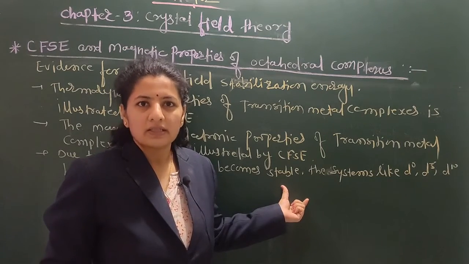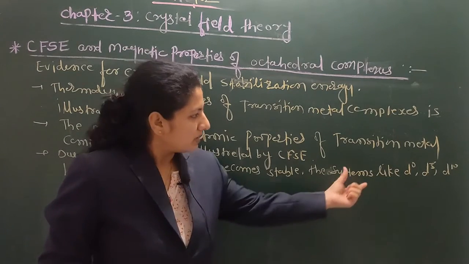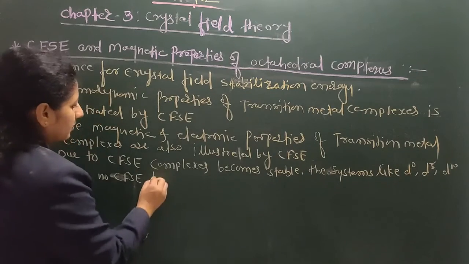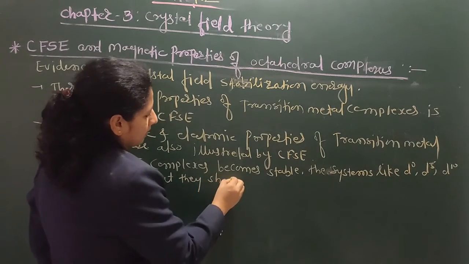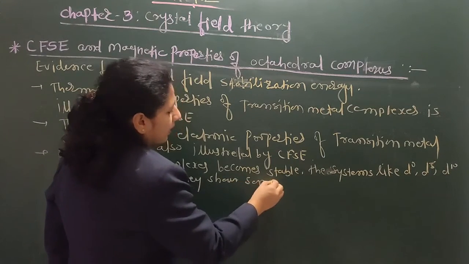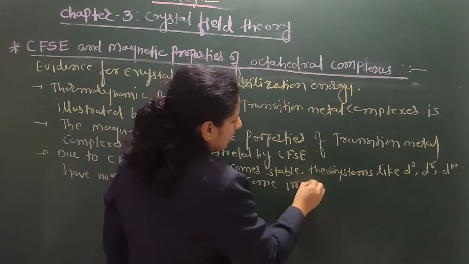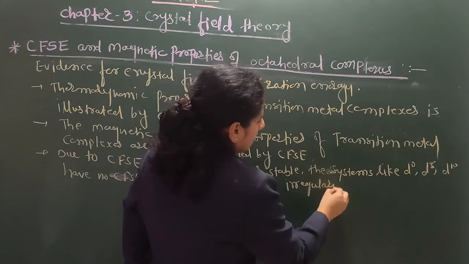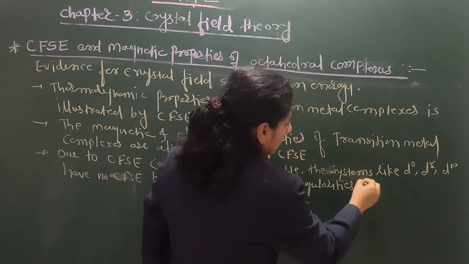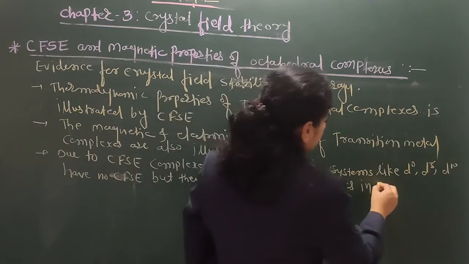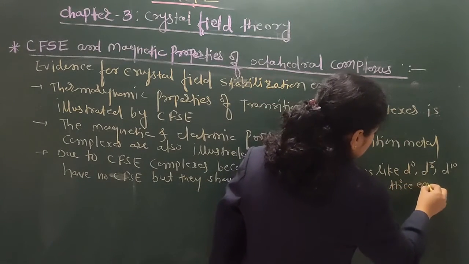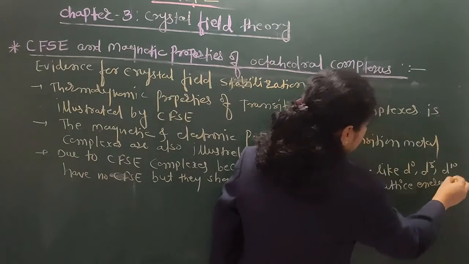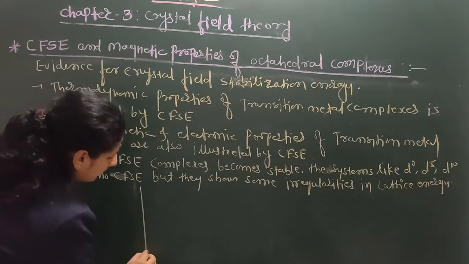So there is a zero CFSE for these respective systems, but they show some irregularities in lattice energy. This can be explained by the following example.